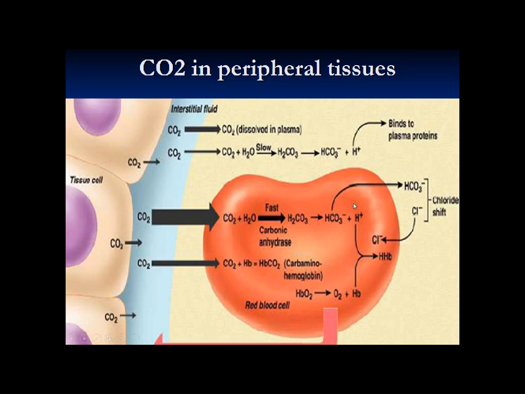If you measure the hematocrit level of venous blood, it is always 3% higher than that of arterial blood. Remember, the hematocrit level of venous blood is always 3% higher than arterial blood, just because of the presence of bicarbonate or chloride. Both are osmotically active and they cause the osmosis.